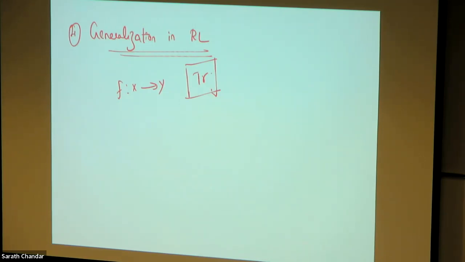Now, what do I mean by generalization in reinforcement learning? Maybe I'll get some opinions first. What do you think is generalization in reinforcement learning? Generalizing from what to what? How the agent will perform in a similar but different task. Okay, so how would the agent perform in a task which is kind of similar but different from the current task?